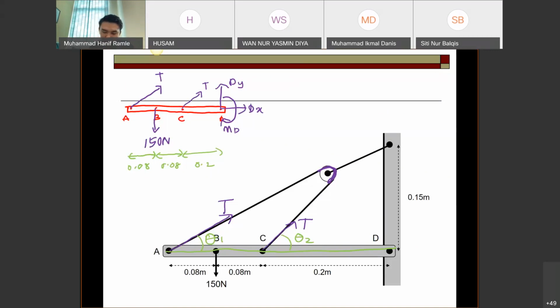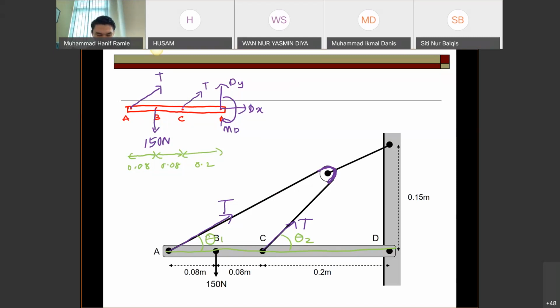How to determine theta 1 and theta 2 from this figure? Anyone? How to determine theta? Yes, Pythagoras theorem.